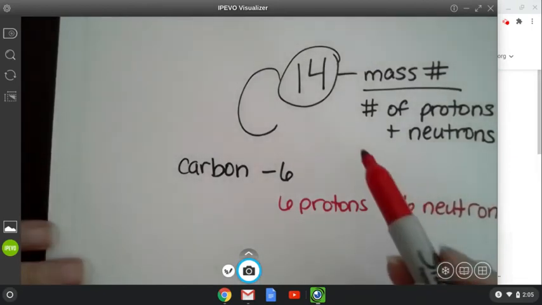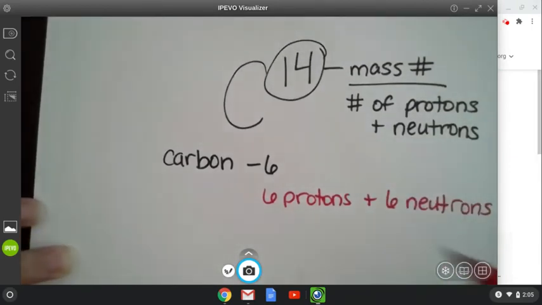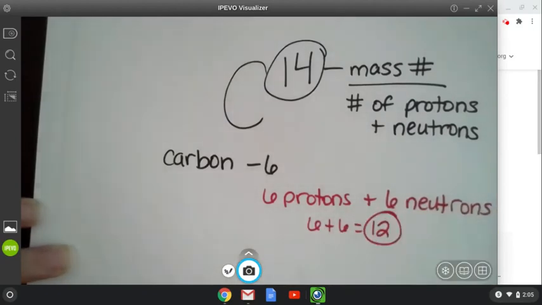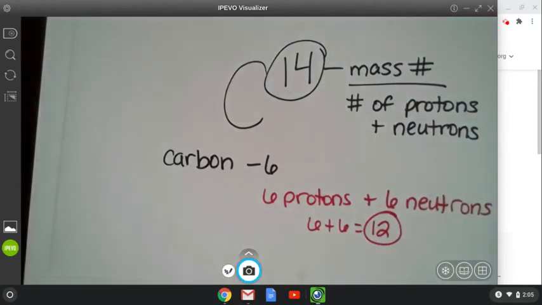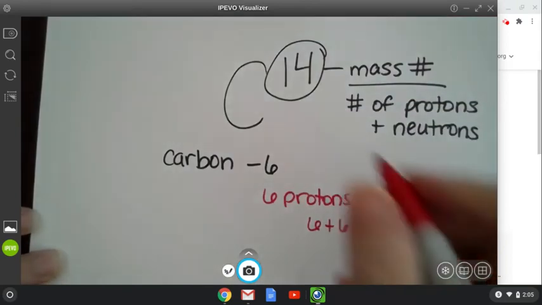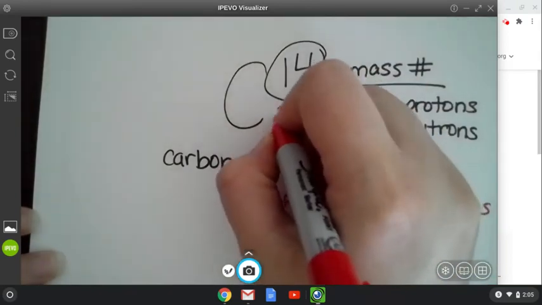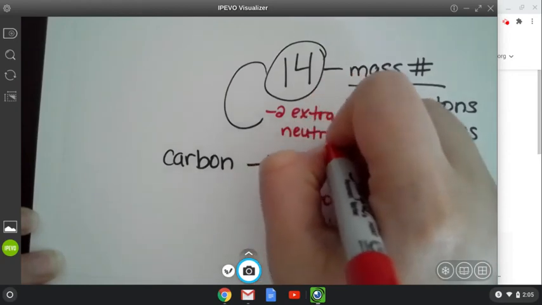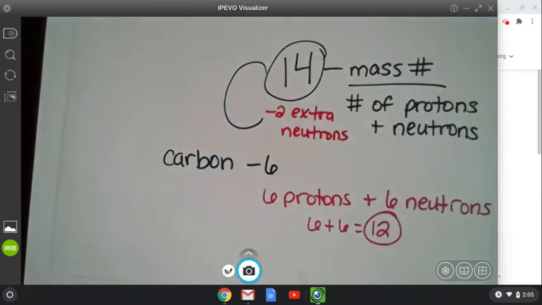Our mass number is the number of protons and neutrons, so I'm going to add these together. 6 plus 6 equals 12. So a regular carbon element is going to have a mass number of 12, but we have 14, okay? So this means that this isotope actually has 2 extra neutrons. It can't have 2 extra protons, because if it had a different number of protons, it would be a different element. So that's what that means.